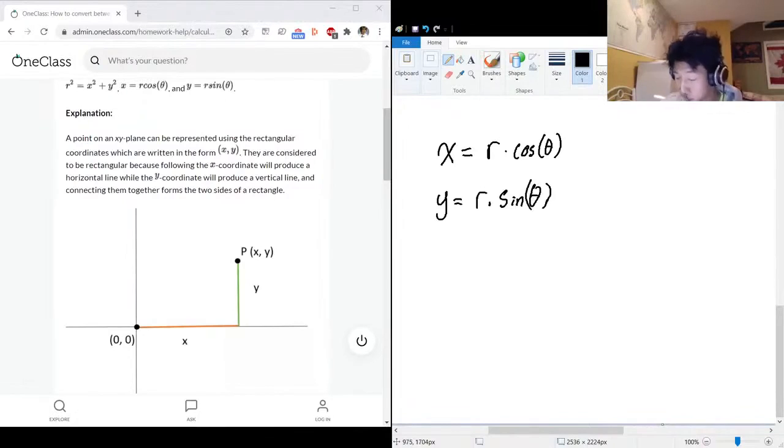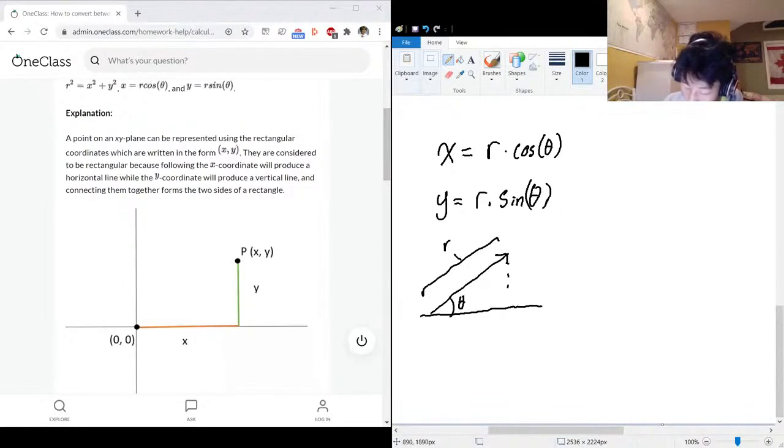Now, why does this work? Well, let's say we have a situation like this. This has a length of r and an angle theta. This right here would be its x component.